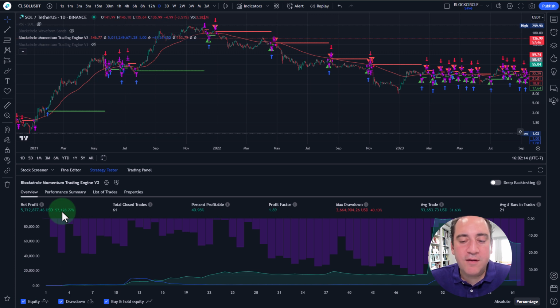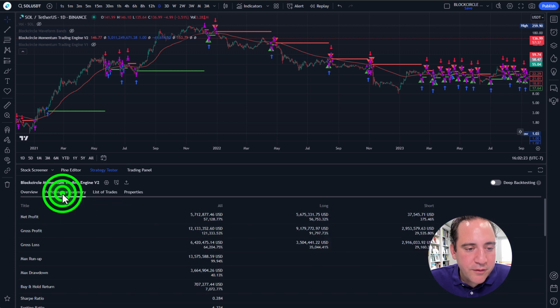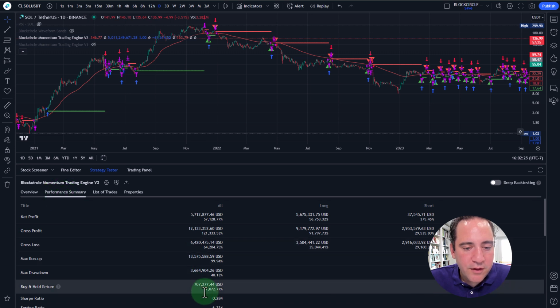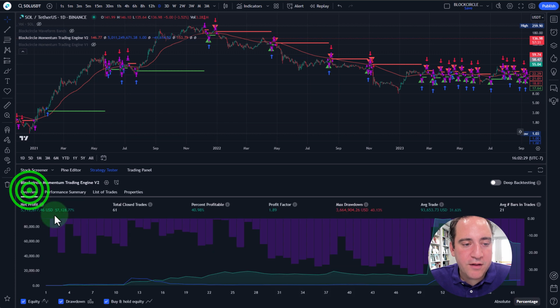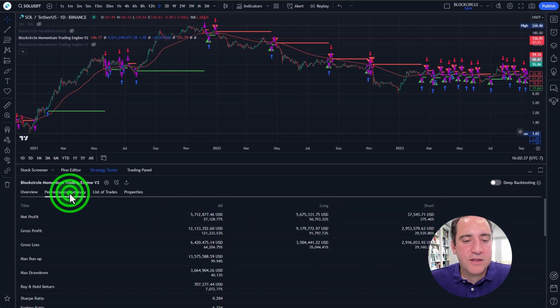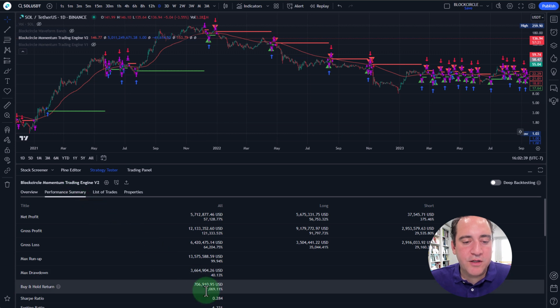It's 57,000%. And over the course of 61 trades, this outperforms a buy and hold of 7,000%. So basically you're comparing a 570, and at its peak, it was well over 900. So you're comparing like a 900x return versus a buy and hold return of 70x.